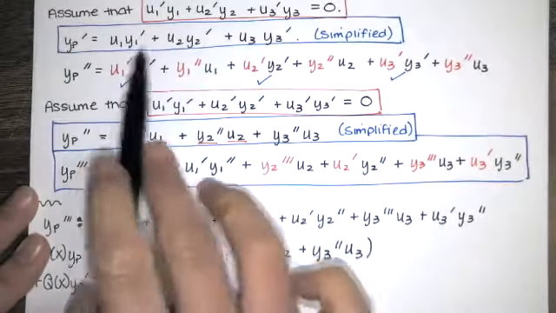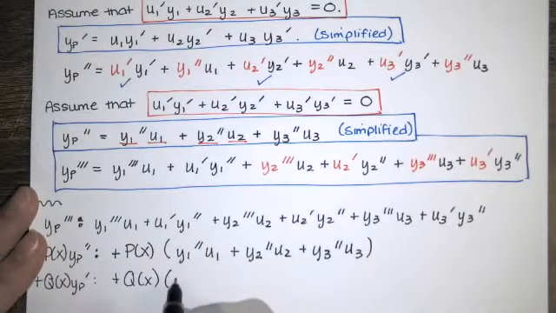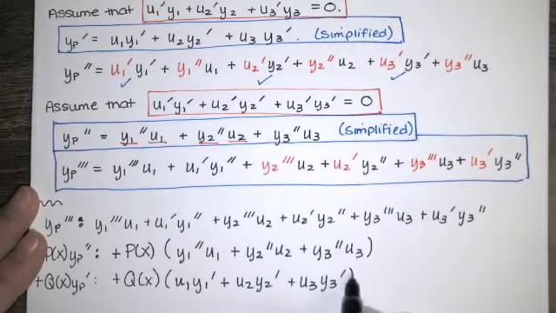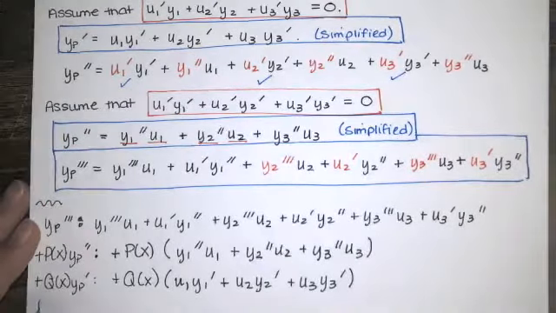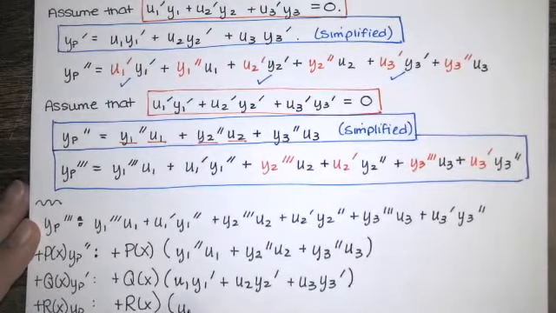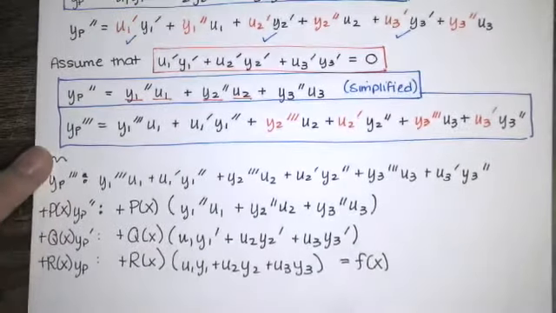So that's q times this. And then we're adding r times y sub p. And that's equal to f of x.